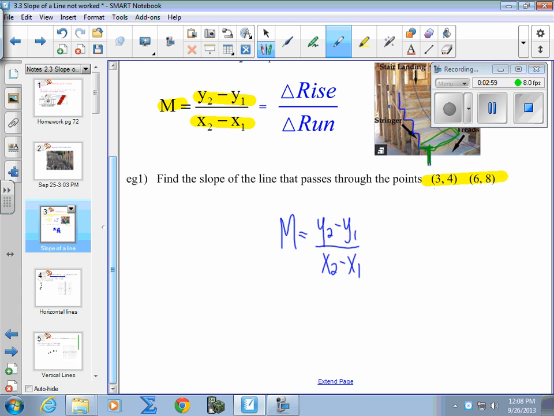So I'm going to label this x sub 1, y sub 1, x sub 2, y sub 2. Now, you didn't have to start with (3, 4). You could have started with (6, 8), but you need to be consistent. So we take these numbers and we plug them in the formula. We get 8 minus 4 over 6 minus 3. We come up with a slope of 4/3.